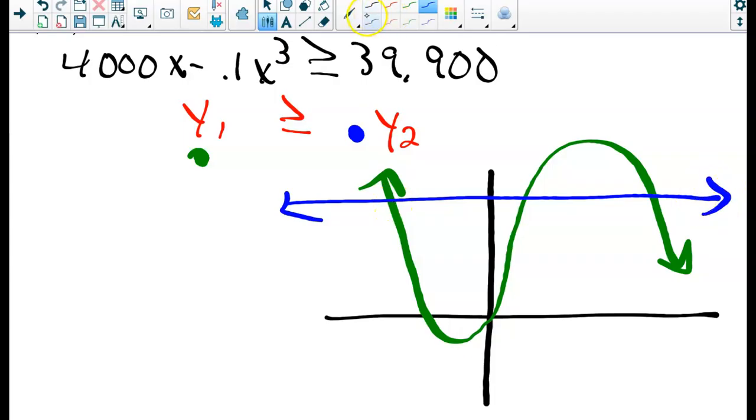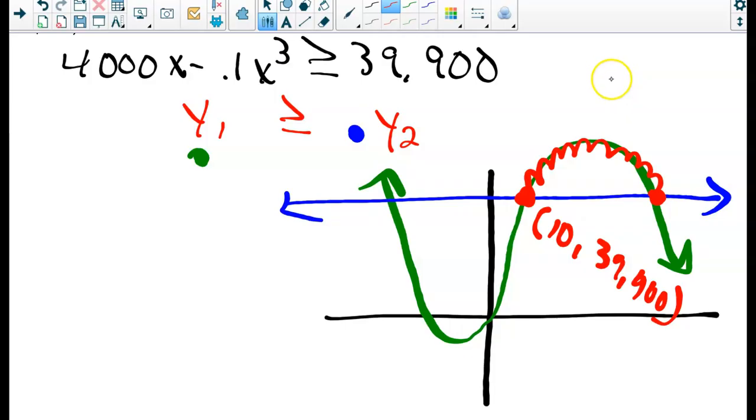And I want to know where y1, the green, is greater than or equal to the blue. And that's going to be this area right here. So I need to go ahead and find these points, and this point.